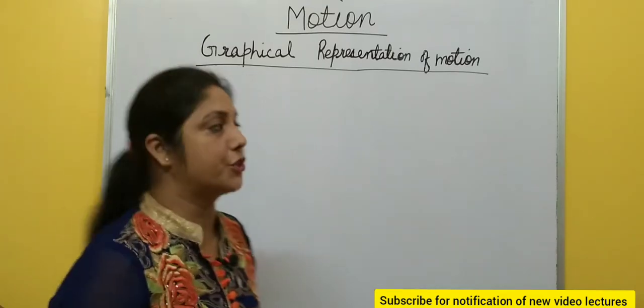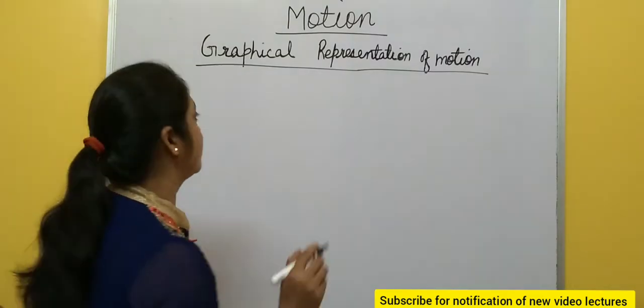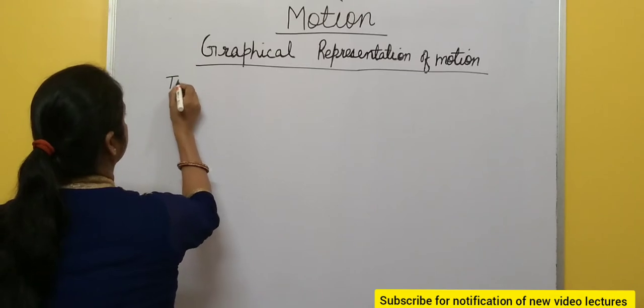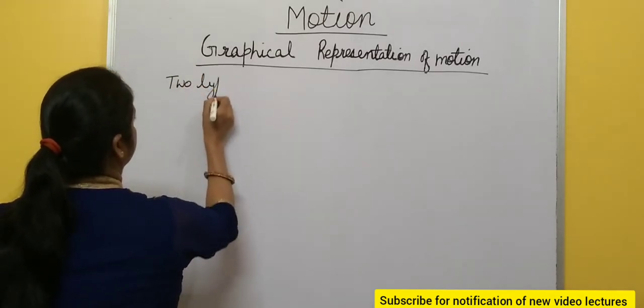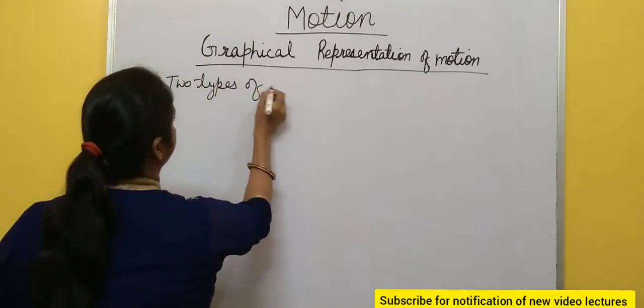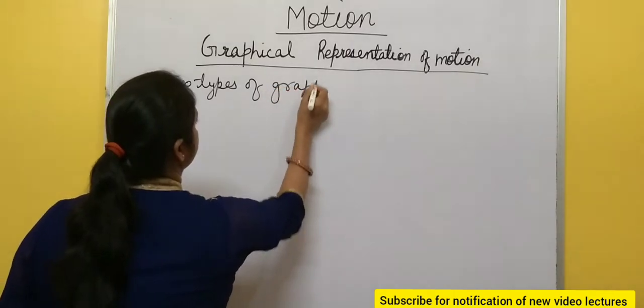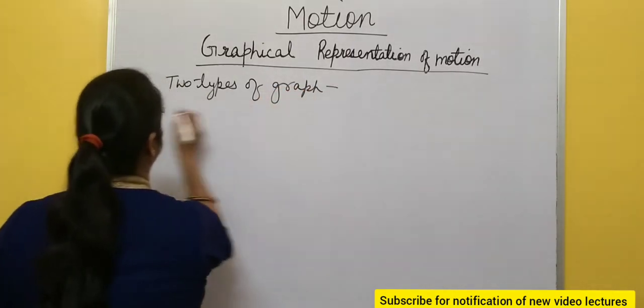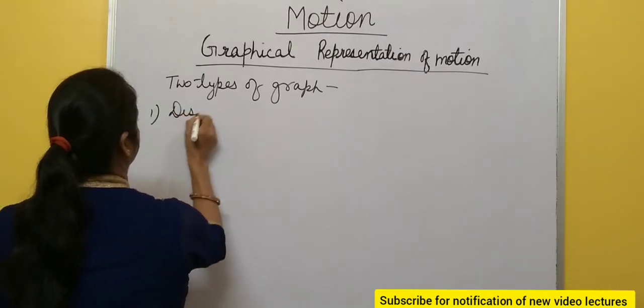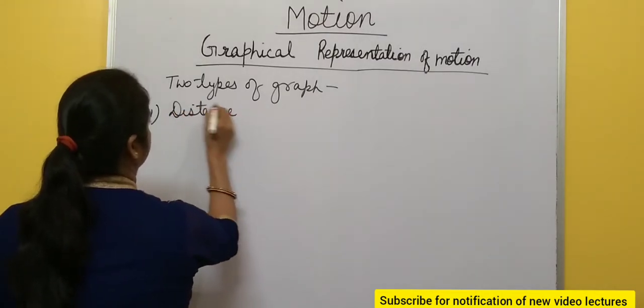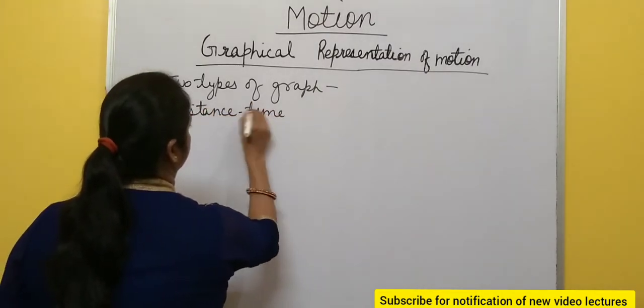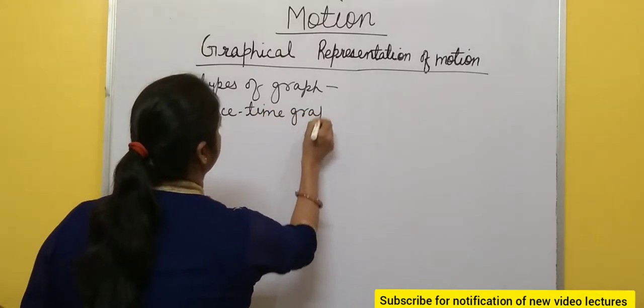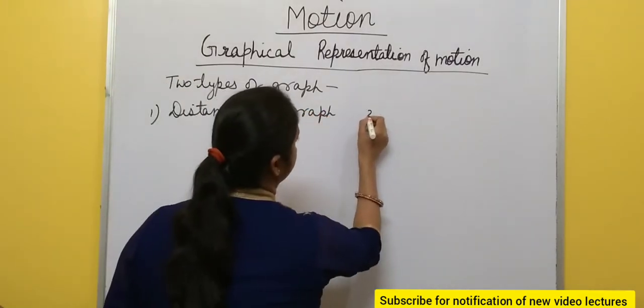In case of motion, there are two types of graph, right? First one is the distance time graph, and second one is the velocity time graph.